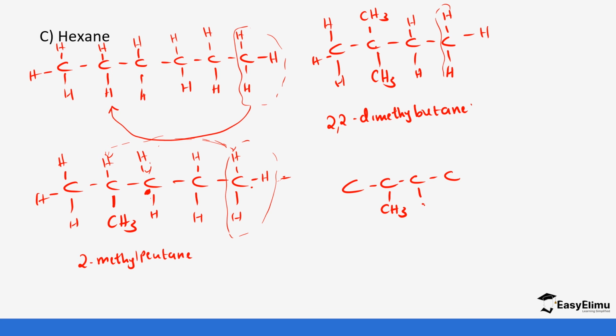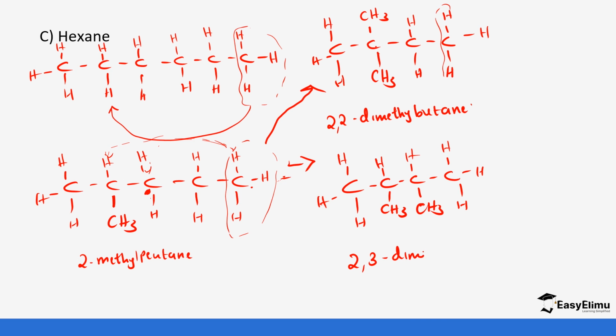We can move it here or on top. It doesn't really make a difference. It's still in the same position. So you see this one gives birth to this and also to this. So it can go either way. So this will give us 2,3-dimethylbutane. So that has 3 isomers.